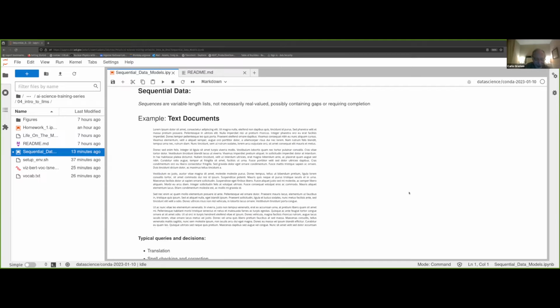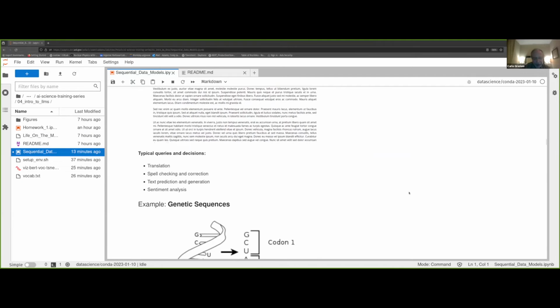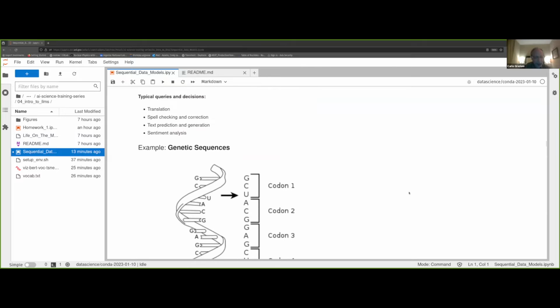But if you scroll down a little bit, you can see the kind of queries that you think to ask of this kind of sequential data of text. This is the natural language processing class of problems. One famous one is, of course, translation. You get a passage in English, and the software has to translate it into German, say. Or spell checking and correction is, of course, very important.